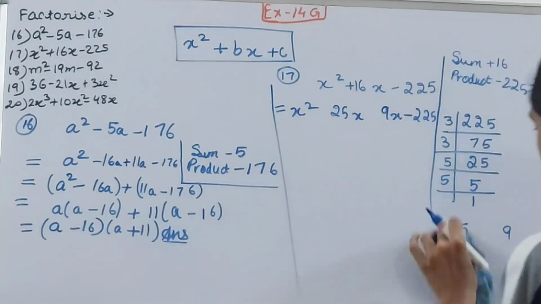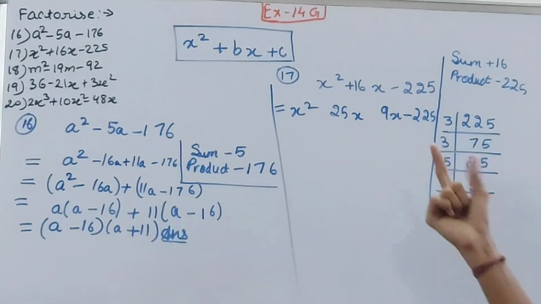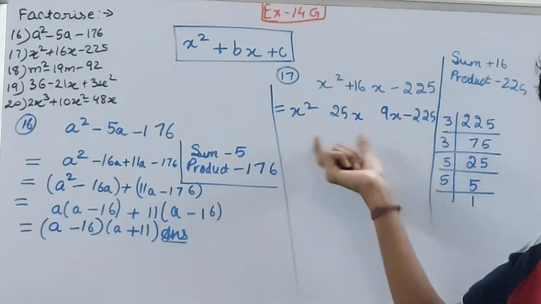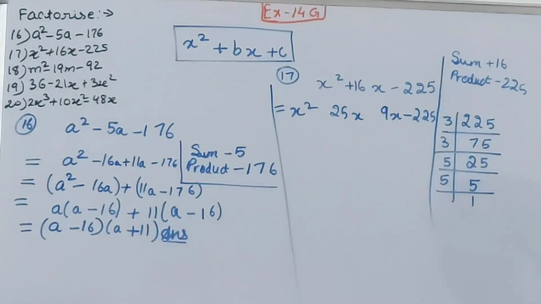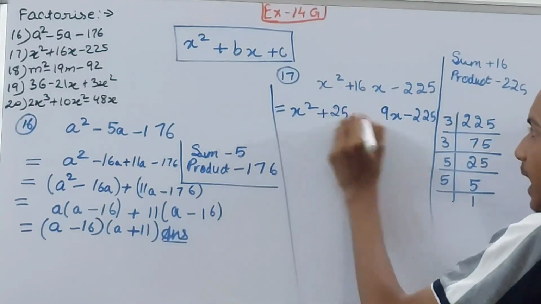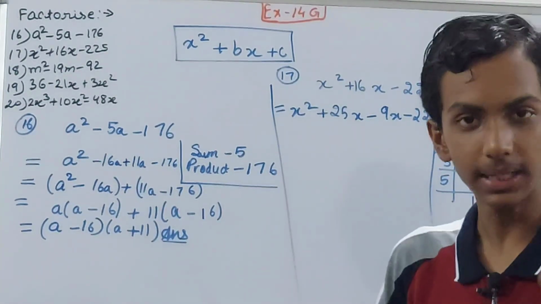This is just rough work. Now we have to give them the signs. The sum is positive, so we have to bring the plus sign to the bigger term. So we can do 25 as plus and 9 as minus. 25 minus 9 is 16, plus 16.